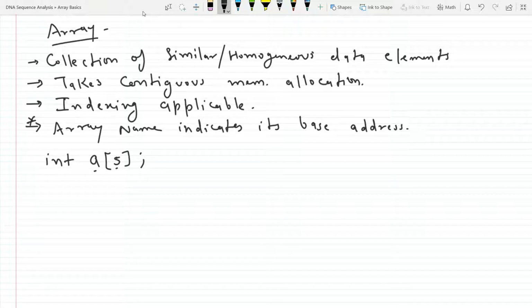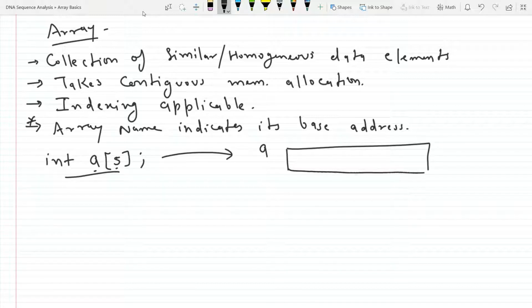So 5 elements are there in the array. The purpose of a declaration is memory allocation, so 5 contiguous blocks will be reserved for your array a, like this. So this point satisfies that it takes contiguous memory allocation.